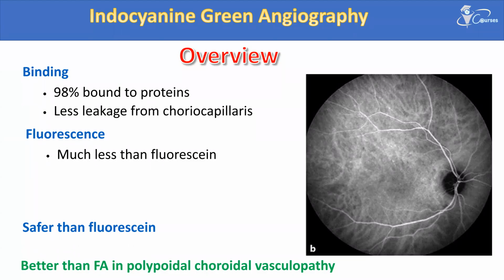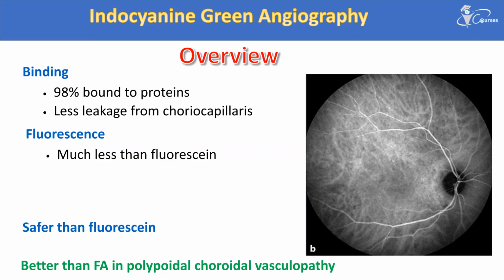But it is more effective in terms of delineating the choroidal circulation. The problem in fluorescein angiography, as we just saw, is that the fluorescein is masked by the retinal pigment epithelium. So if there is any pathology in the choroidal circulation, it will be masked by the retinal pigment epithelium.